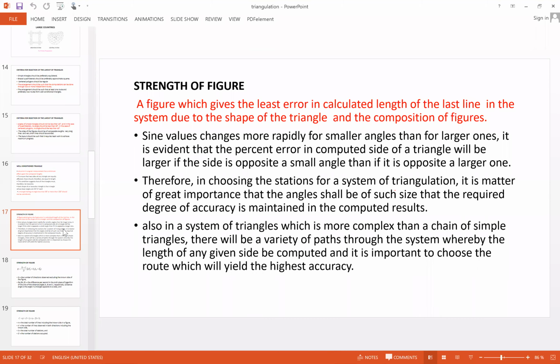The basic idea is that, let's suppose you have divided a certain area into triangles, and let's say there are two possible routes, A and B, and C and D, right? Now he says that at the end of your work, the last line that you computed using both these routes, both the channels, the route that gives you the minimum error is the best.